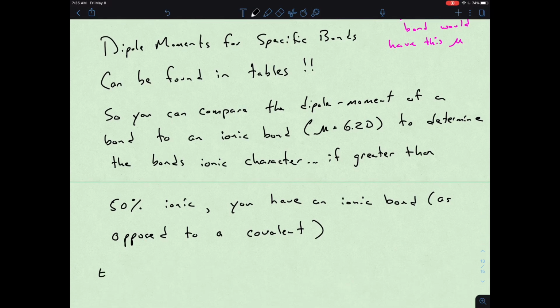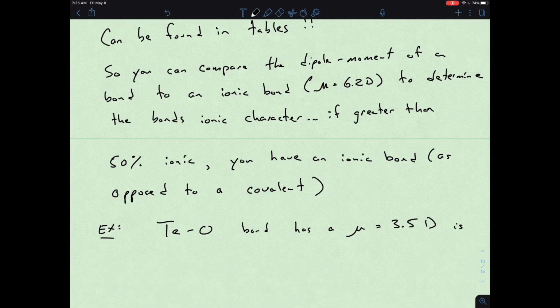So with our example of, say, a tellurium oxygen bond has a dipole moment equal to 3.5 Debye. Is it covalent or ionic?